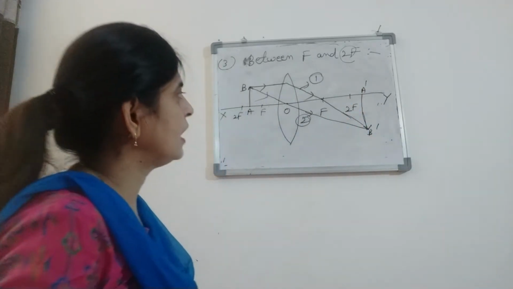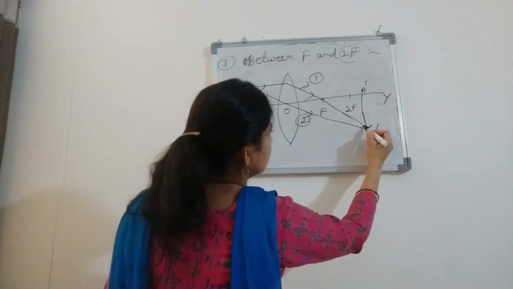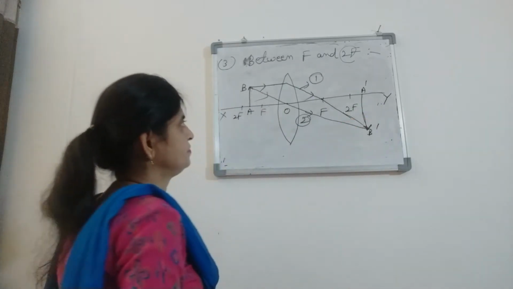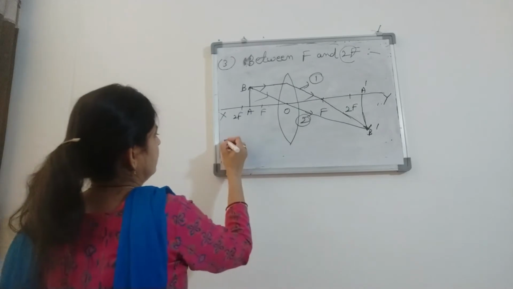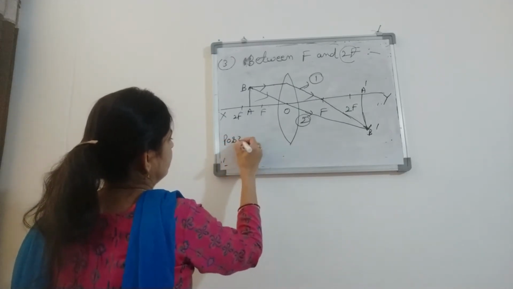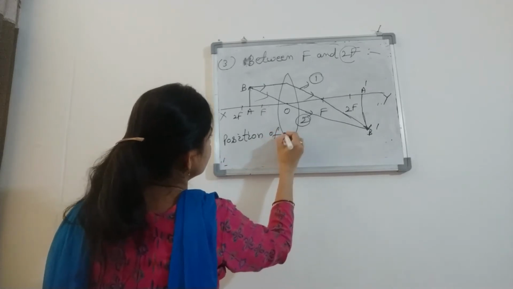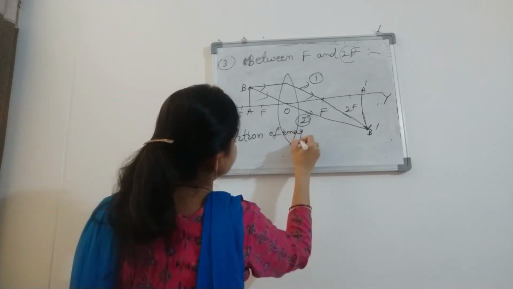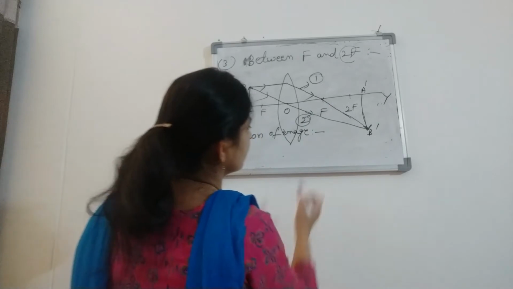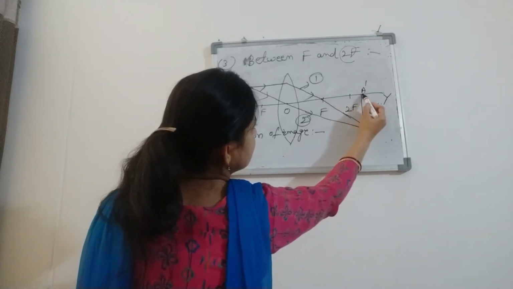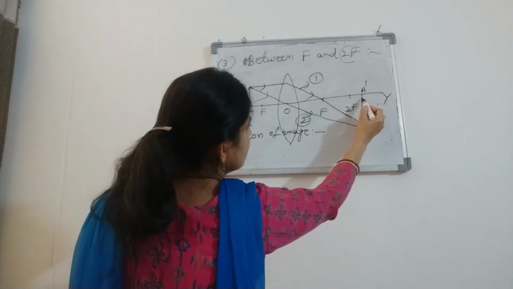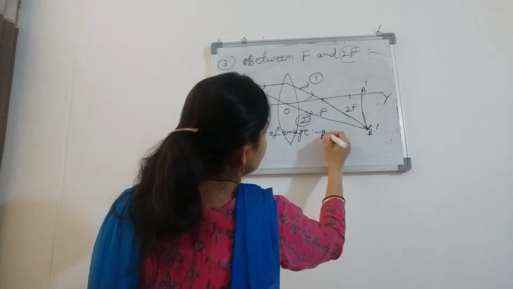That means A dash B dash is the position of the image. Now, what can you say about the position of the image? This is your 2F and this is the position of the image. That means the image is formed beyond 2F.